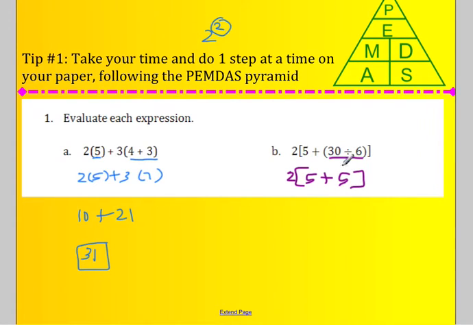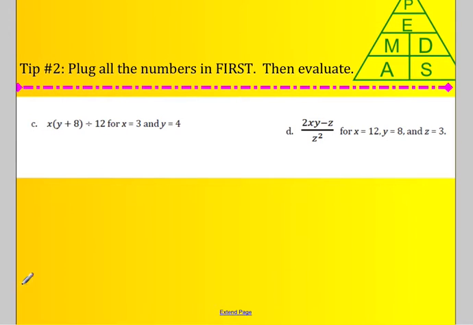Now I still have brackets, like parentheses, so I do what's inside first. So it's 5 plus 5, which gives me 10. And now, my last step, there is no exponent, so multiply and divide: 2 times 10 is 20. There is example B.